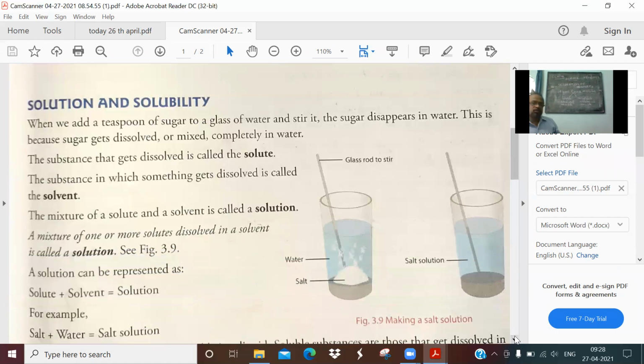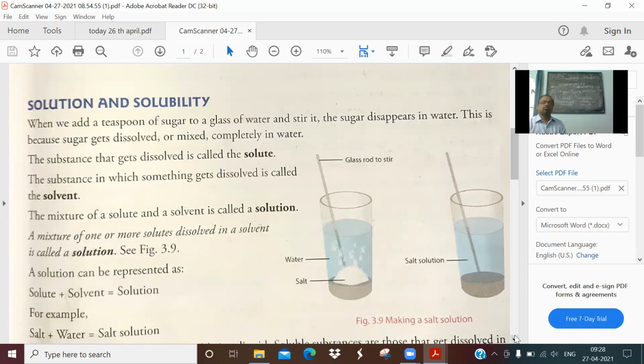Now reading this, just to go through it. When we add a teaspoon of sugar to a glass of water and stir, the sugar disappears. This is because sugar dissolved completely in water. The substance that gets dissolved is called a solute. The substance in which something gets dissolved is called a solvent, and the mixture of the solute and the solvent is called solution.